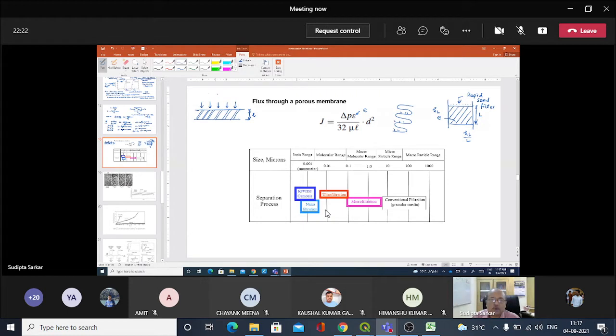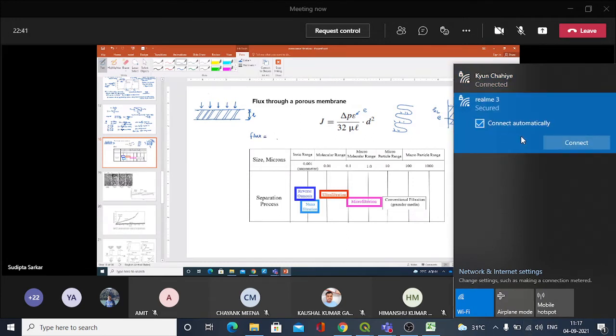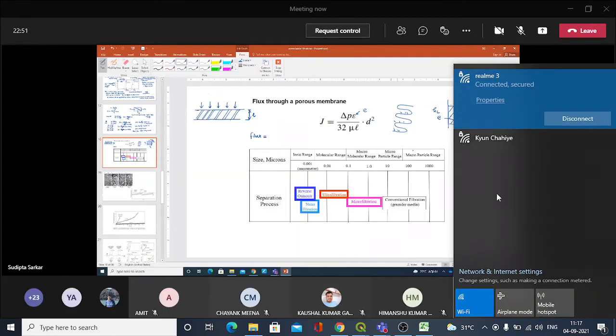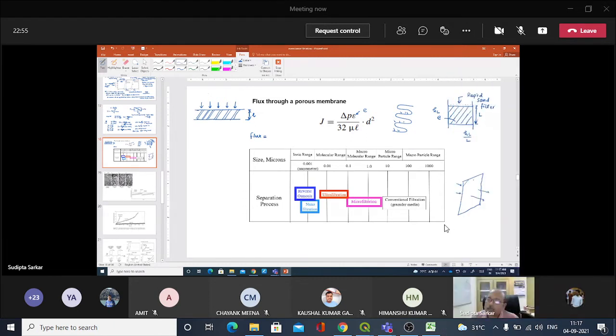So we are not talking about the discharge or Q. We will be talking about the flux of the membrane. What is flux? This is an area through which your flow is taking place.